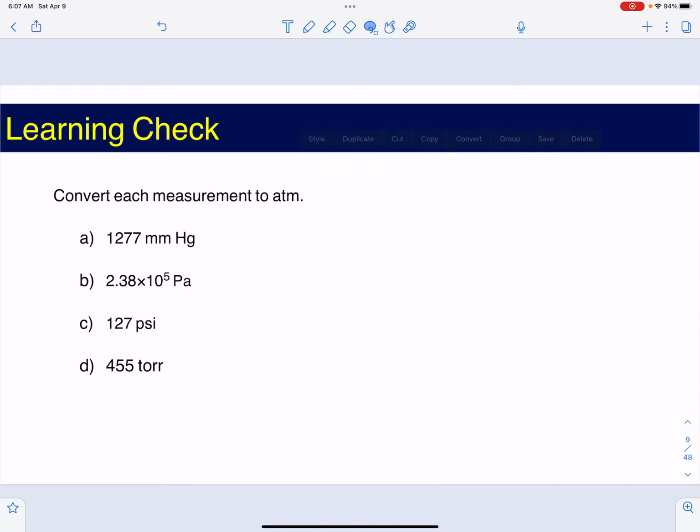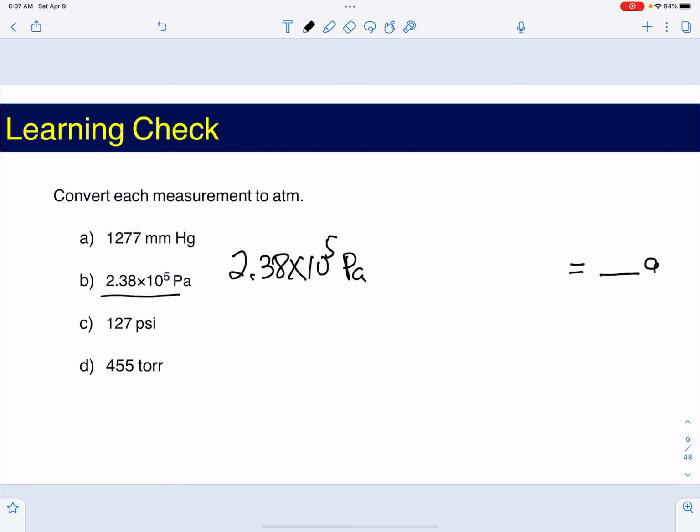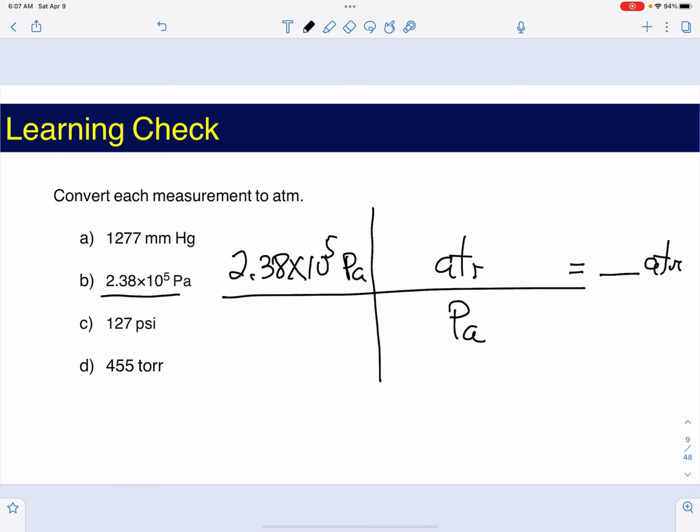What about pascals? If I have 2.38 times 10 to the 5 pascals, can you tell me how much is that in atmospheres? Yes, I can. Since I don't care about pascals, because I'm looking for atmospheres, according to my table, 1 atmosphere equals 101,000 pascals.